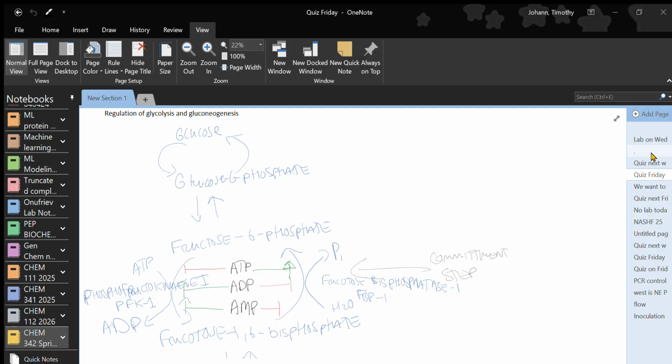But just a general question here: why this step? Why regulate here as opposed to someplace else? Is it the commitment step? Well, yes, why is it the commitment step though? So you use ATP. After that, all the intermediates are exclusive to glycolysis. Before this, do you remember glucose 6-phosphate?